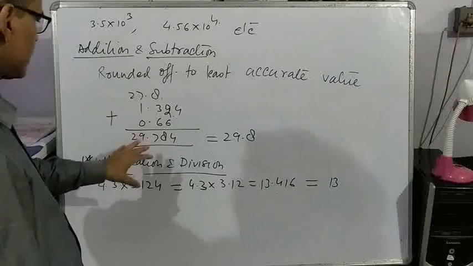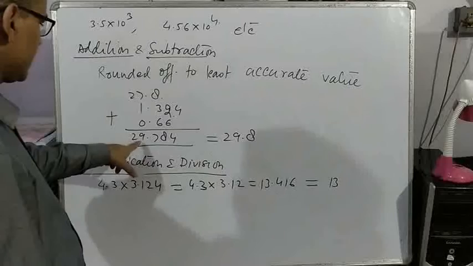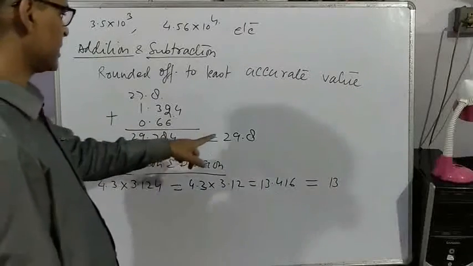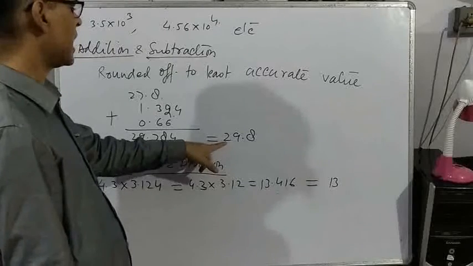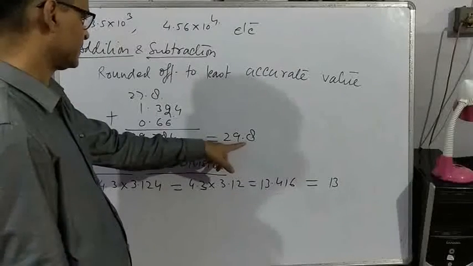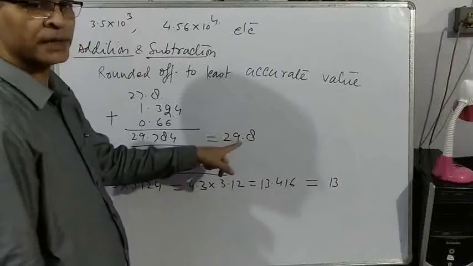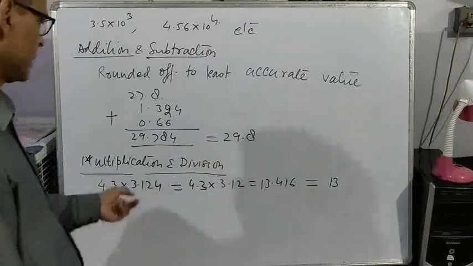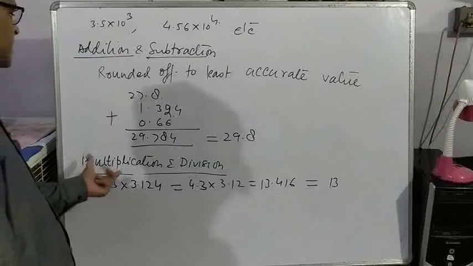The addition comes out to be 29.784, but the result is rounded off as 29.8. Same rule is applied in case of subtraction. Now let us understand multiplication and division.